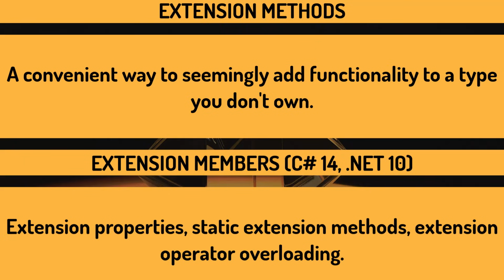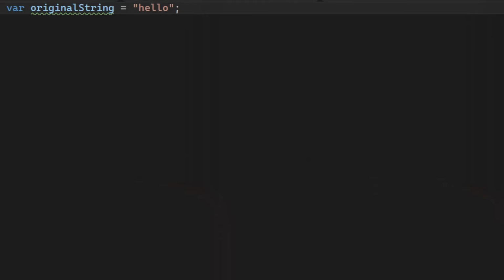Let's start with a quick reminder of how extension methods work, because the new syntax builds directly on this foundation. Imagine we want to reverse a string. We'd like to call Reversed method on any string instance, like this.